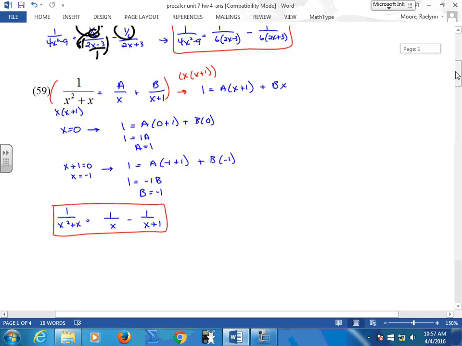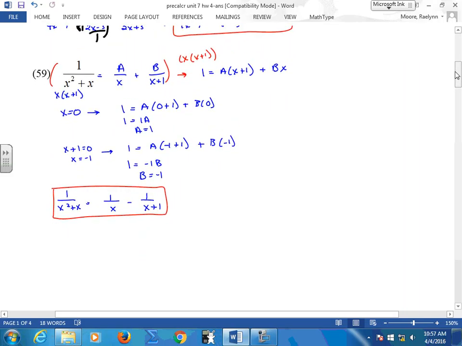All right. Again, we took our factors. When we multiplied through, made a nice little problem here. Set the factors to 0 and solved for A and B and plugged them back in.